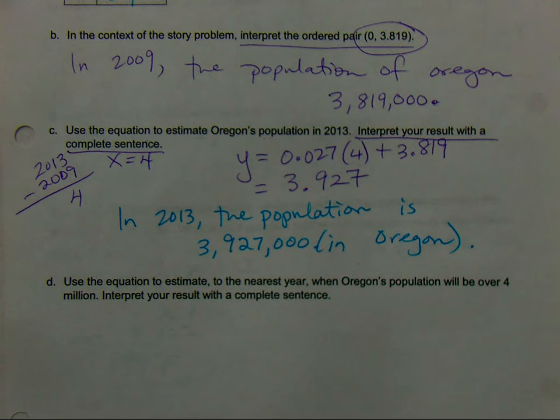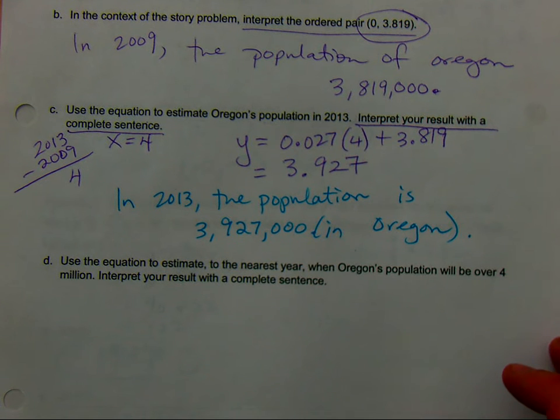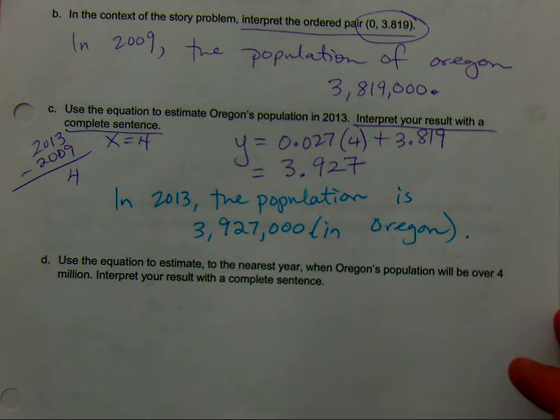Okay, use the equation to estimate to the nearest year when Oregon's population will be over 4 million. Interpret your results in a complete sentence. So over 4 million. What should I do to figure this out? I could look at the table, sure.